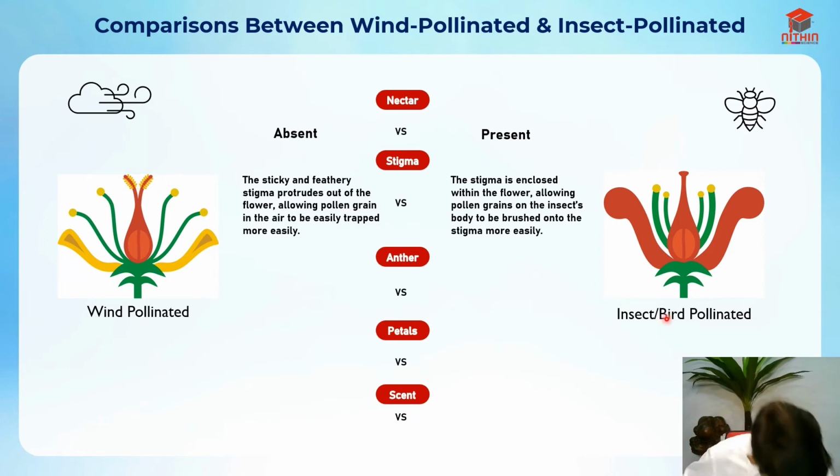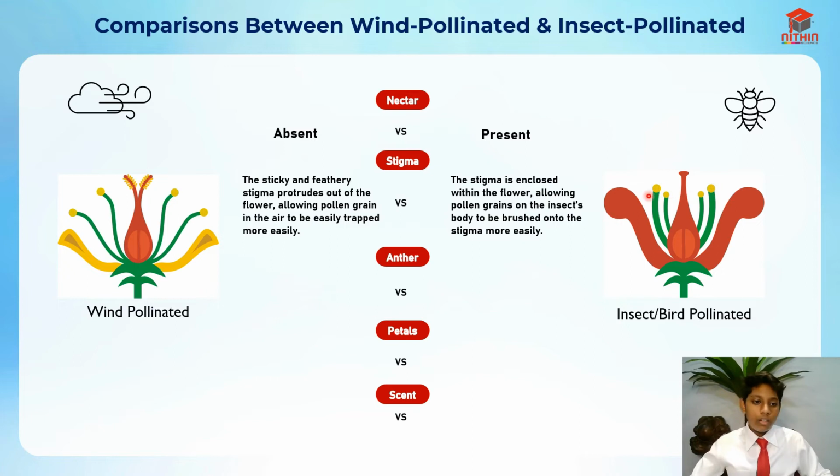Okay, next, for the insect or bird pollinated flower, the stigma is enclosed within the flower, allowing the pollen grains on the insect's body to be brushed onto the stigma more easily. So when the insects are trying to get the nectar, their body will brush against the stigma of the flower, and the stigma is sticky, right?